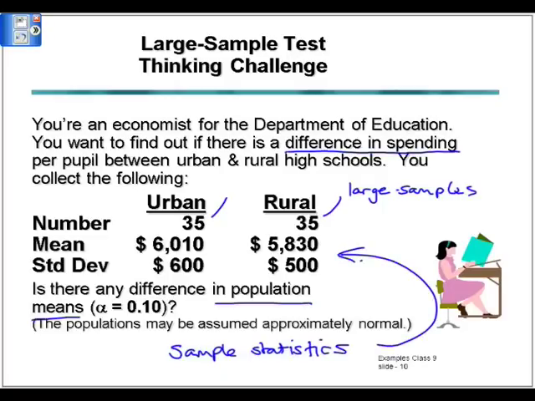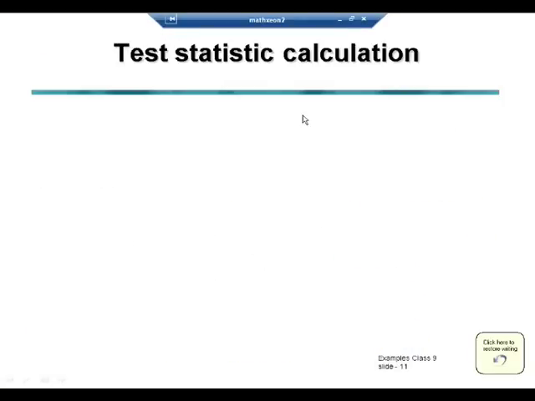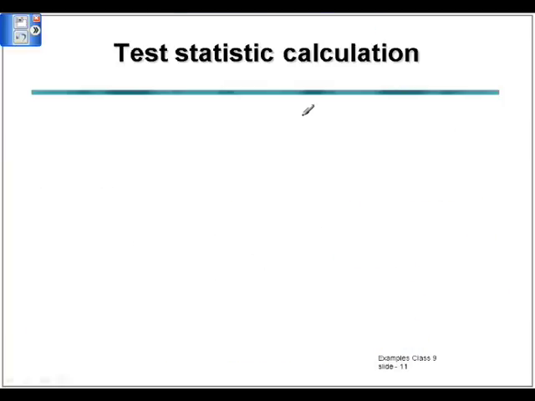Now, of course, recall that this is a large sample t-test. So our test statistic calculation is based on calculating the test statistic t, which will be the difference in the sample means minus the difference in the population means on the top line.